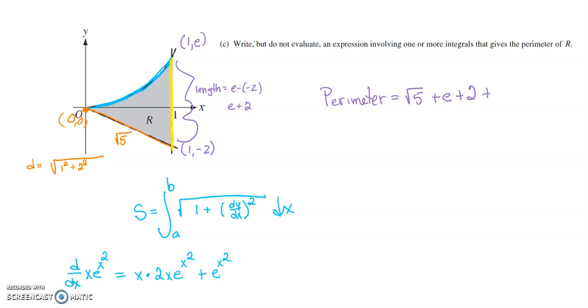Hopefully you remembered that that's a product rule, and you can see my work there. I'm just going to clean it up a little bit. I don't need to do anything more than that. If I want to leave it like this, it's totally fine. I can go ahead and write my answer for this, and then I'll put it into my perimeter equation in a moment.